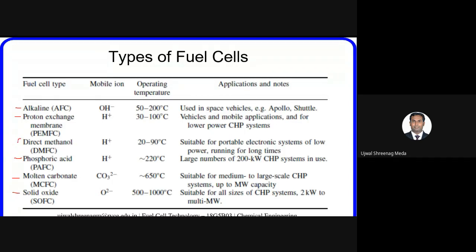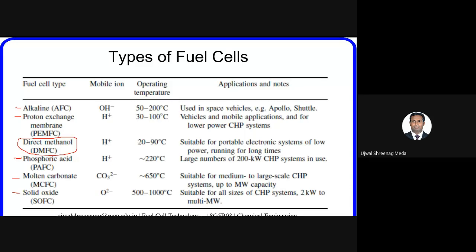We have one more fuel cell listed here, that is DMFC, the direct methanol fuel cell. This is classified based on the type of fuel that is used. Here methanol is used as fuel instead of hydrogen, and that is why the name DMFC.